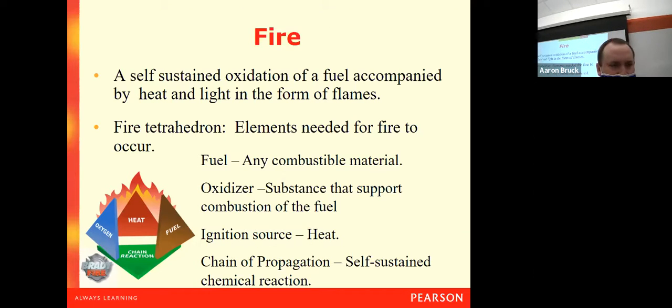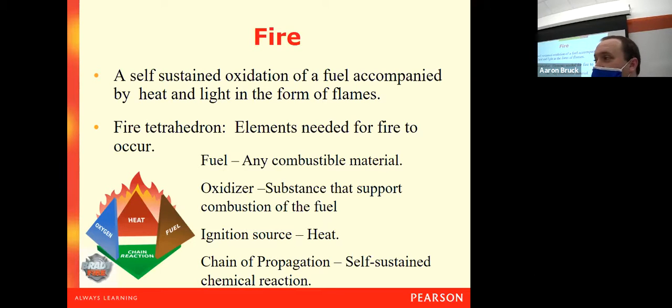Now, when we talk about fire, we end up talking about something called the fire tetrahedron. 4 elements, 4 things that are necessary in order to maintain a combustion reaction. First, fuel. You have to have something to burn.